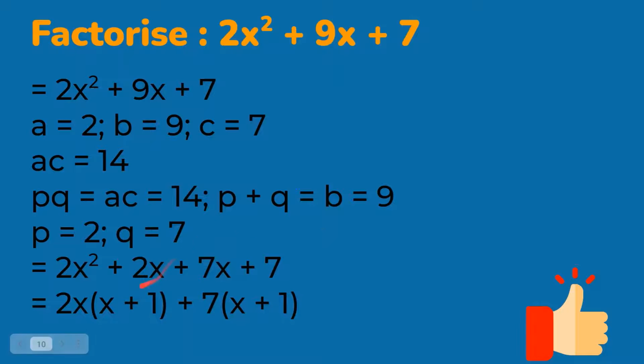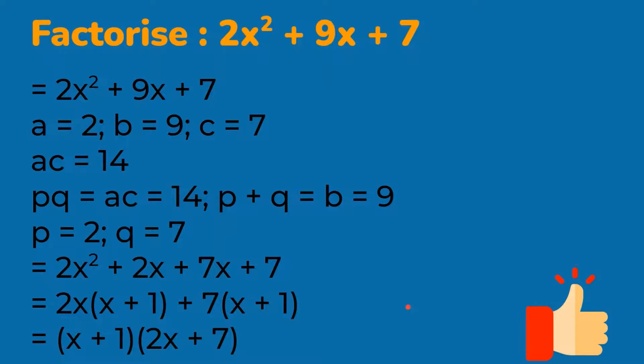So it is 2x times x plus 1, because 2x into x is 2x squared and 2x into 1 is 2x, and 7 times x plus 1, because 7 into x is 7x and 7 into 1 is 7. Now again we can take the common factor x plus 1. So we have x plus 1 times 2x plus 7, and this is our final answer.